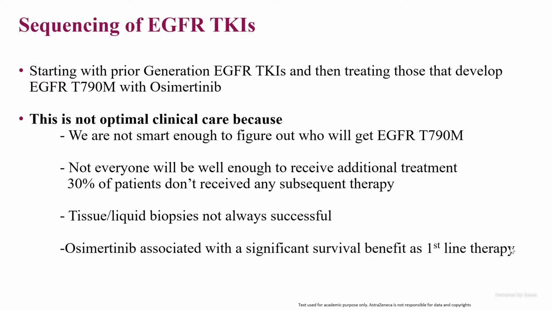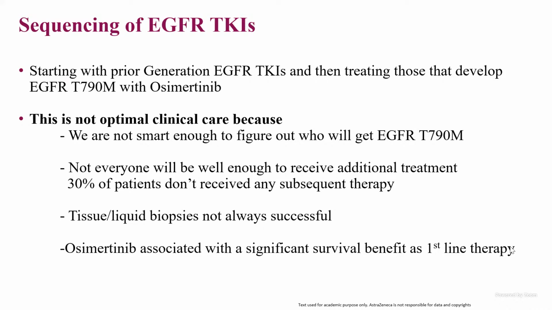So how do we sequence EGFR TKI so that we can get the maximum benefit? Starting with prior generation EGFR TKI and then treating those that developed T790M mutation with osimertinib is not optimal clinical care, because we are not smart enough to figure out who will get EGFR T790M mutation, because only 50% of the patients, less than 50%, usually get that mutation.